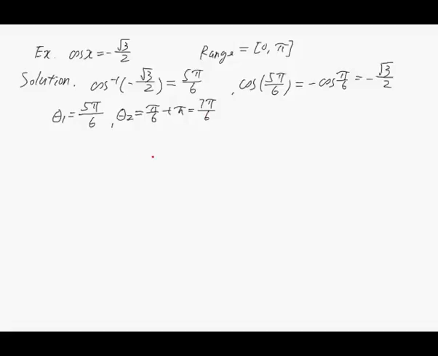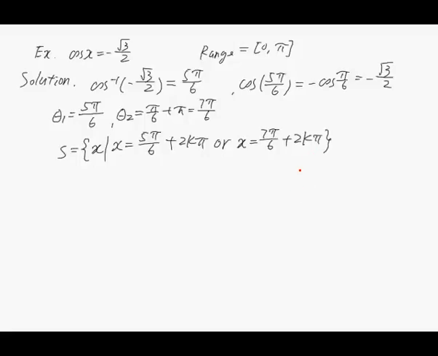Then we can form the general solution set. S is equal to the set of x such that x is either equal to 5 pi over 6 plus a multiple of 2 pi, or x is equal to 7 pi over 6 plus a multiple of 2 pi.